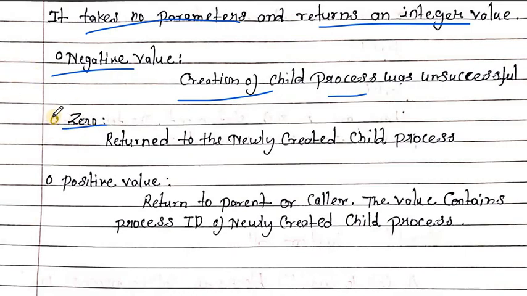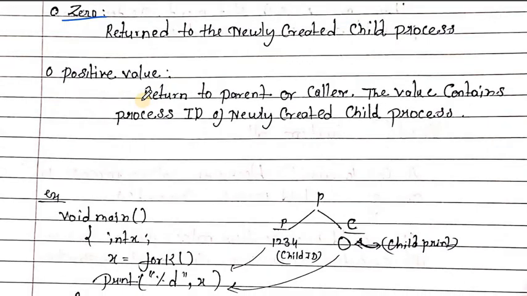And when the fork is created successfully, it returns a positive value to the parent or caller, which is the process ID of the newly created child process.